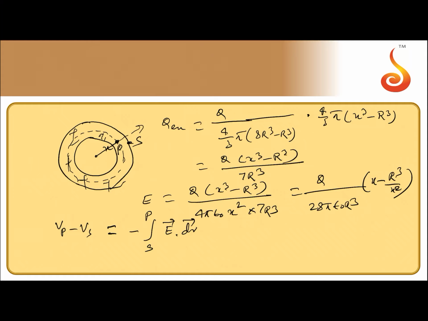Electric field is like this. And our path of integration is S to P. That is, electric field and displacement are in opposite directions. Two R naught.